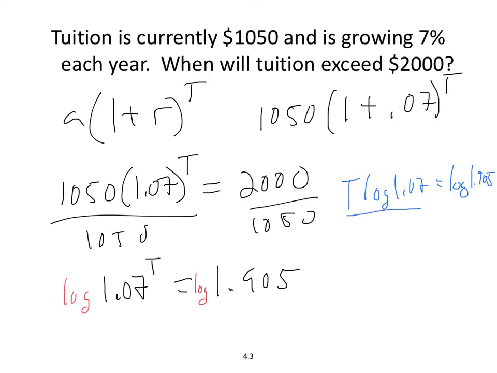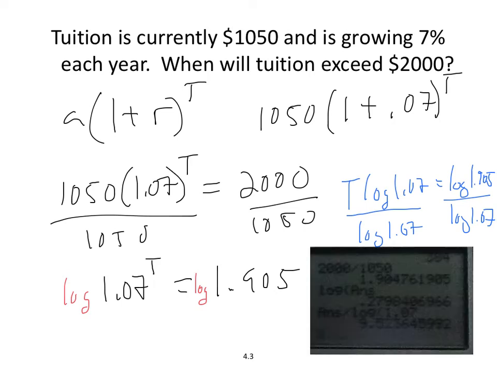I'm going to divide both sides by the log of 1.07, and that's going to tell me that t is, it's a little dark, but it's looking like the answer to that equation is 9.5. So not quite 10 years. During the 9th year, the tuition will have grown that much.